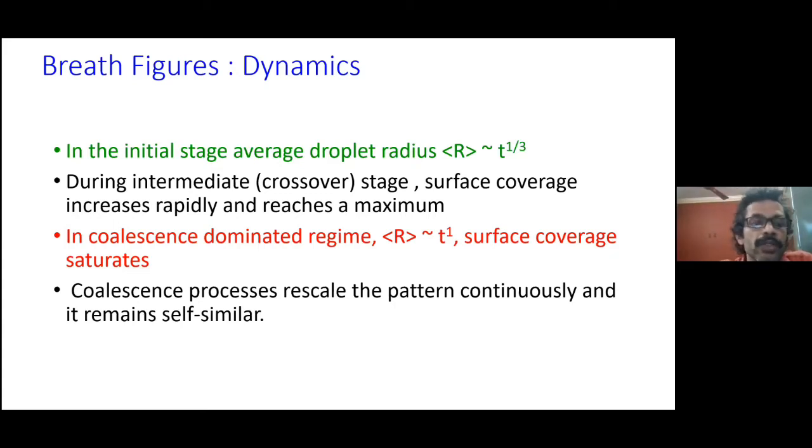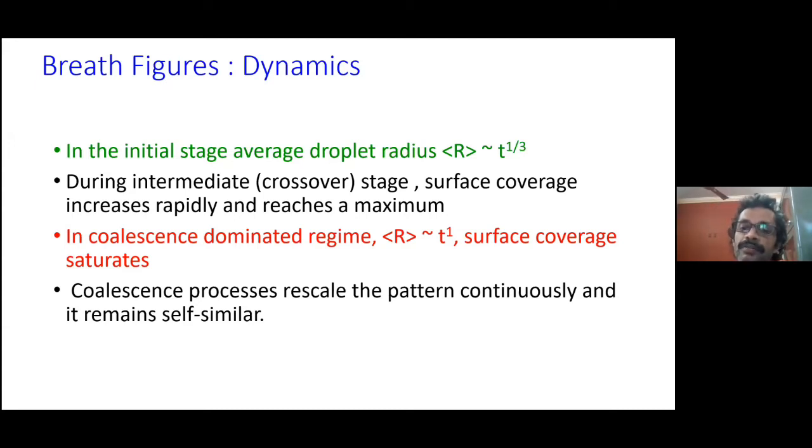Then during the intermediate or crossover stage, surface coverage increases very rapidly because coalescence has started, and it reaches an eventual maximum. And then what starts is what is called the coalescence dominated regime, where the average radius goes as T⁻⁴.